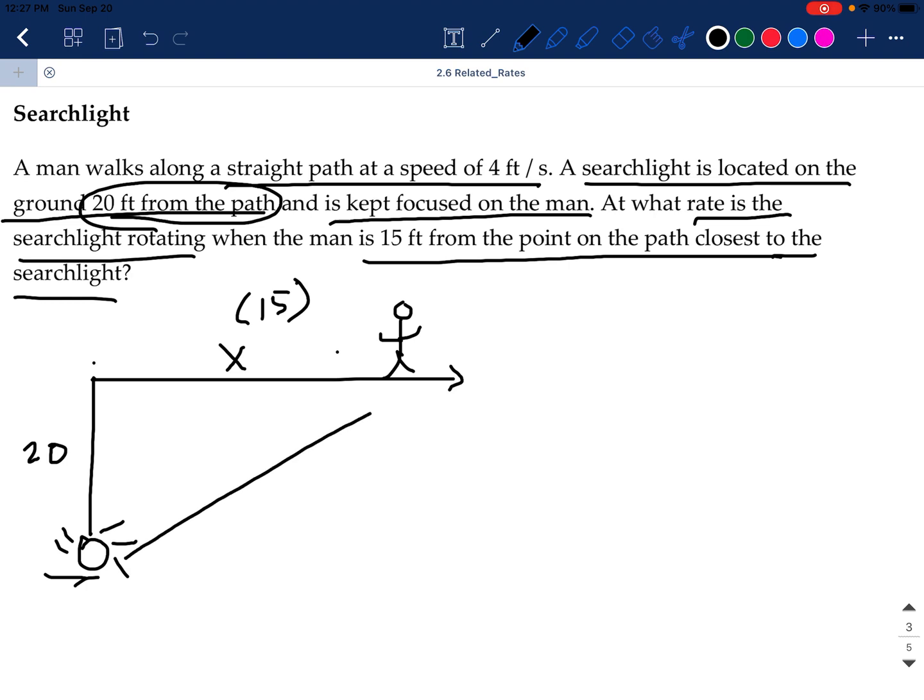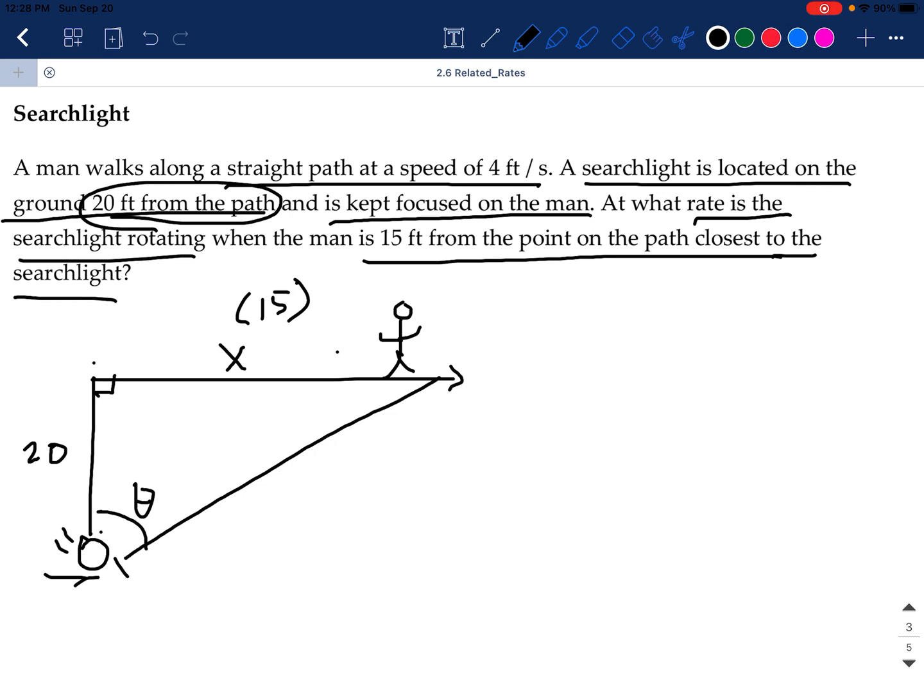We need another right triangle relationship to figure out how fast the searchlight is rotating as it follows him. The value we're interested in is the angle, so how fast it is rotating is the rate of change of the angle, which we can call theta.